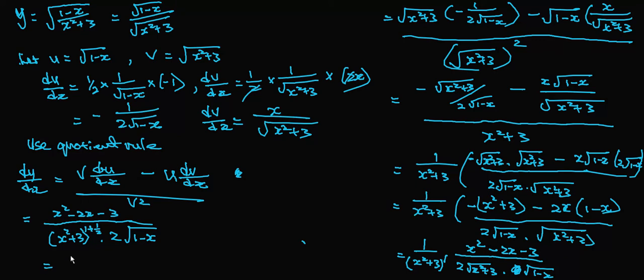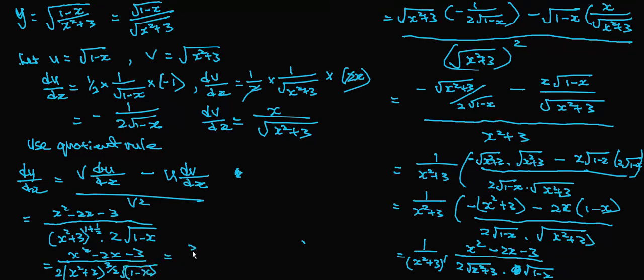Simplify further. x squared minus 2x minus 3 over 2 times x squared plus 3 to the power 3 over 2, times square root of 1 minus x. Okay.